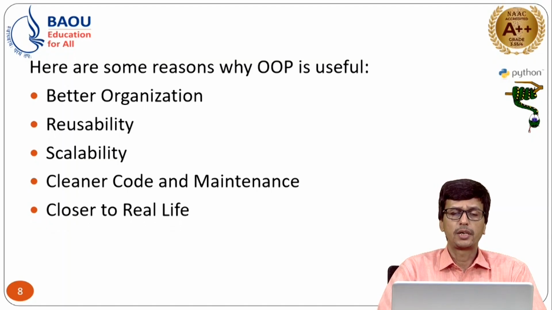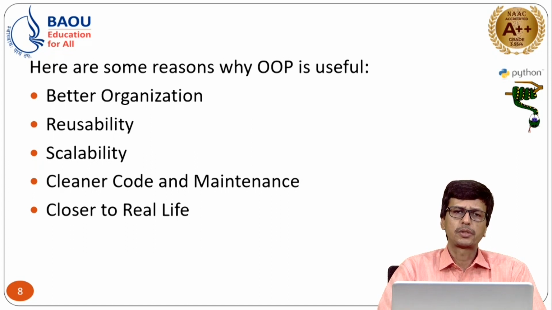Now, closer to real life, as we have already discussed. Suppose you want to simplify your code and represent real life entities and real life things in your programming. You want to manage that real life thing, those objects, in your program.